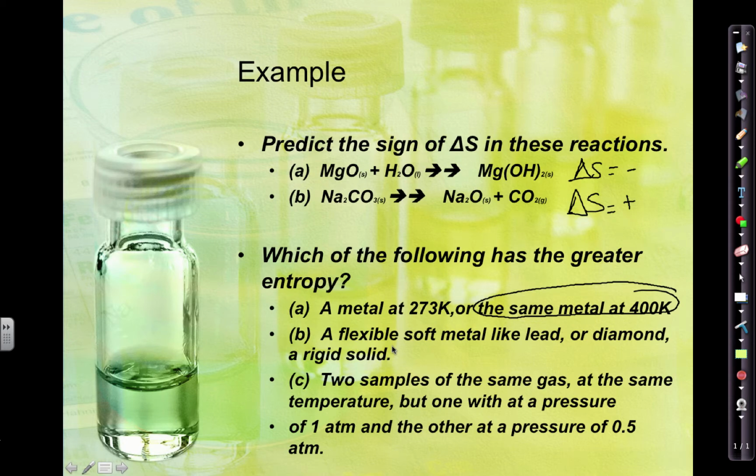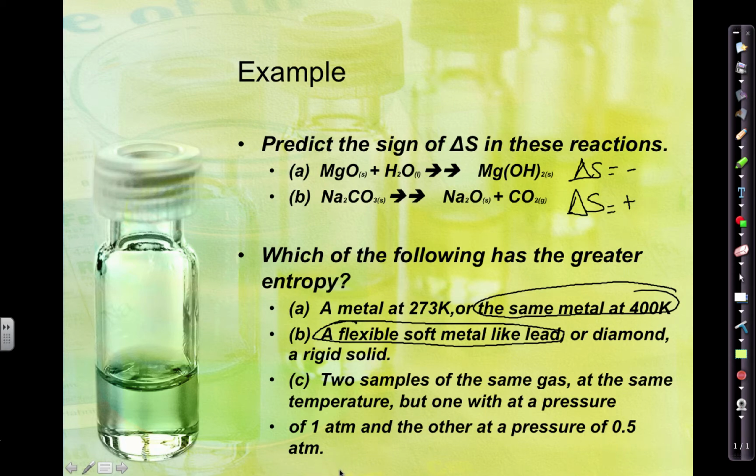If we look at this one, we have a flexible soft metal or a diamond. Well, a diamond is very structured. So that means that this one will have more disorder. And then we have 2 samples of the same gas at the same temperature, but one has a pressure of 1 atm and one has a pressure of 0.5.